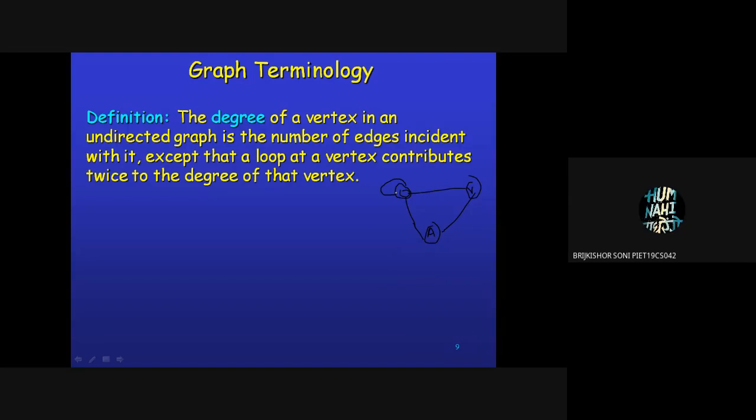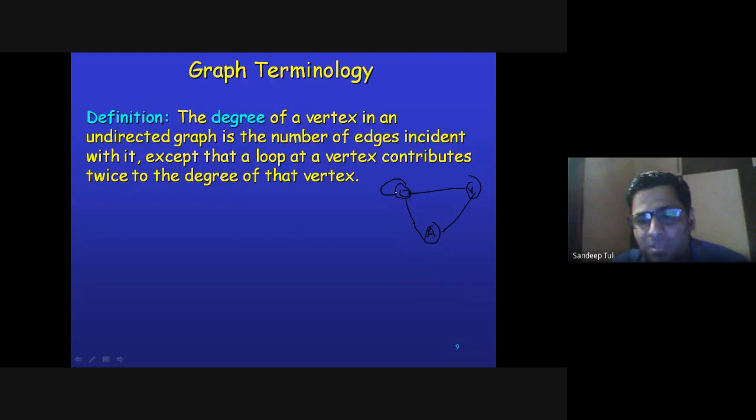Why 4? 2 was already there, because we will count a loop as 2. A loop is considered as incident 2 times. That is a feature of undirected graphs.